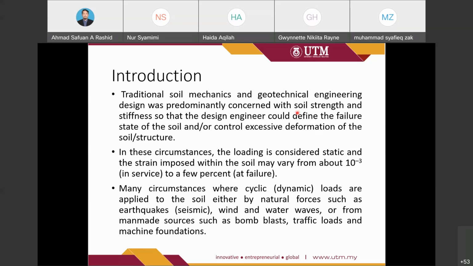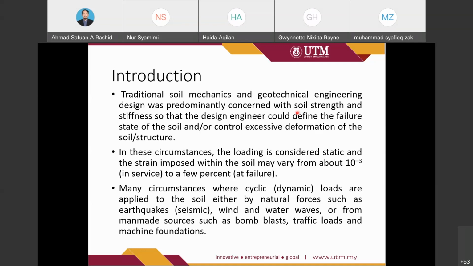We also have man-made sources such as bomb blast, especially on quarry sites, where they use explosives to get the rock to be used as part of their business.